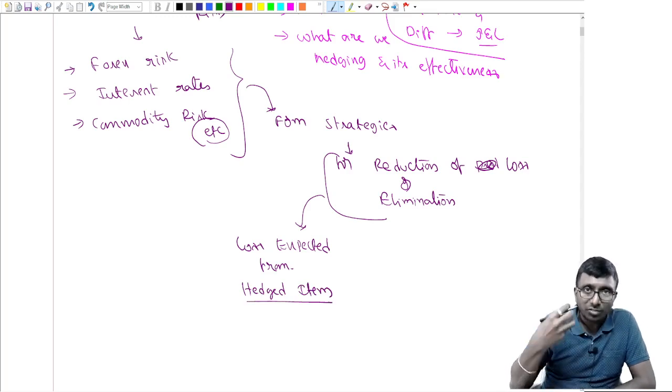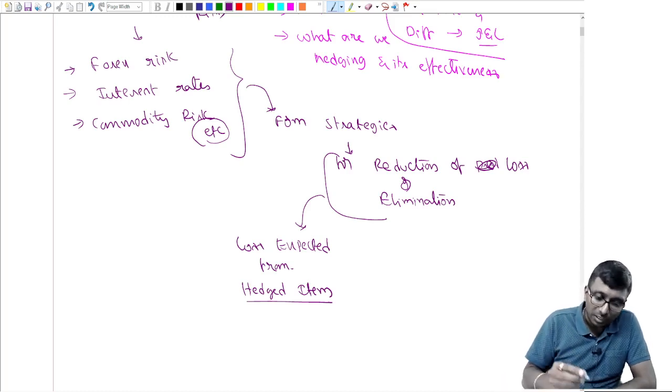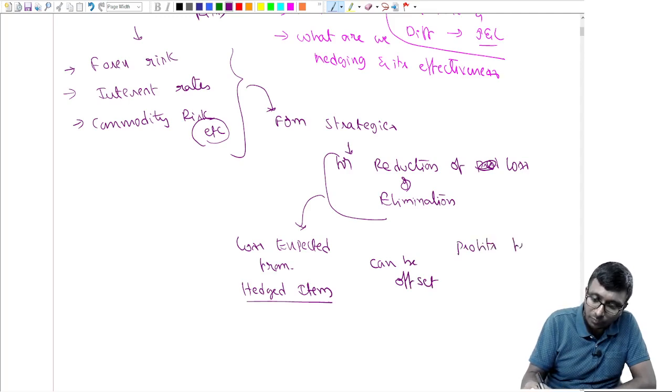This is the item which is with me. It may be an asset, a liability, or a commitment. We are exposed to risk because of this item. The loss expected from the hedged item can be offset with the profits from the hedging instrument.